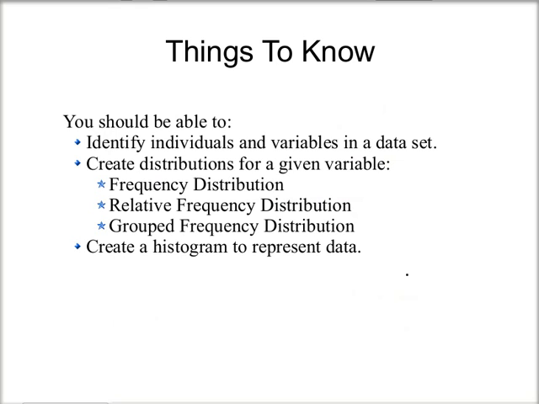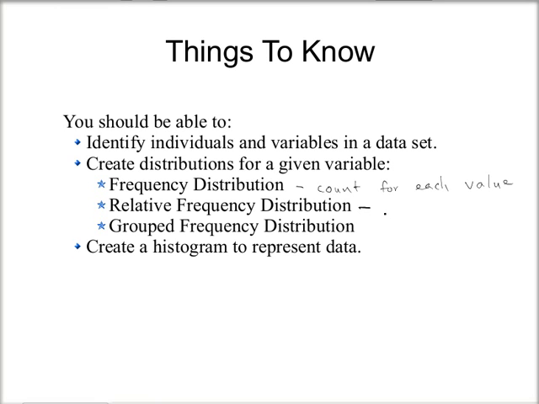Alright, so that's my second example, and here are the things that you should know for this section. You should be able to identify individuals and variables in a data set. And then you should be able to create distributions for a given variable. And we had 3 different types of distributions. The first type is a frequency distribution, where we just counted for each value the number of individuals.